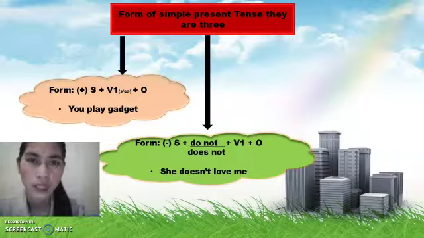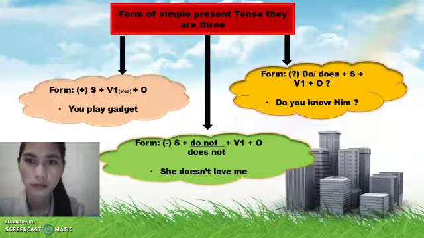For example, in sentence, she doesn't love me. But if you want to use do not or don't, you can use subject I, you, they, we. For example, in sentence, you don't love me.